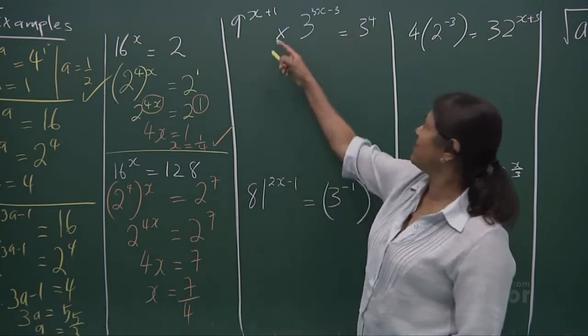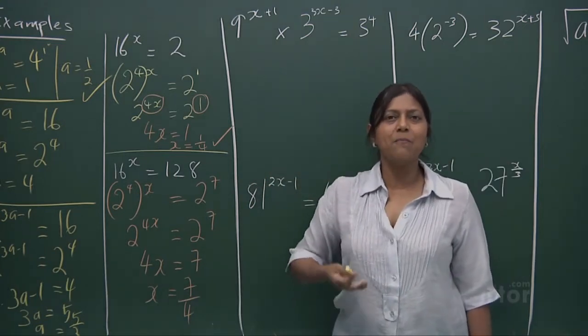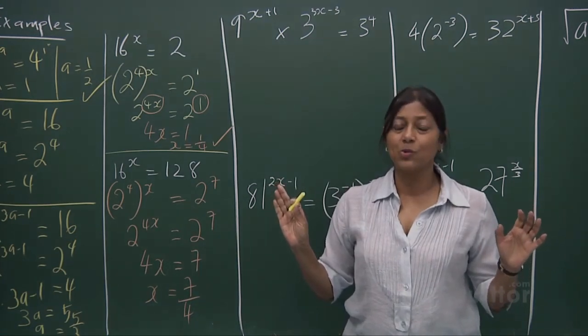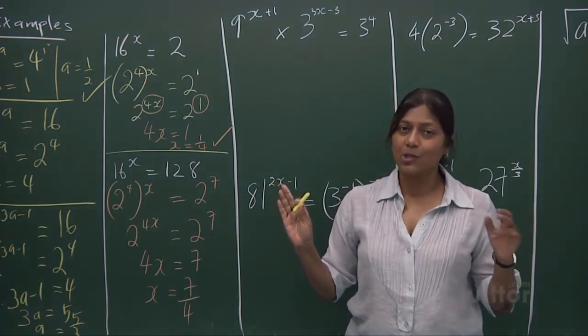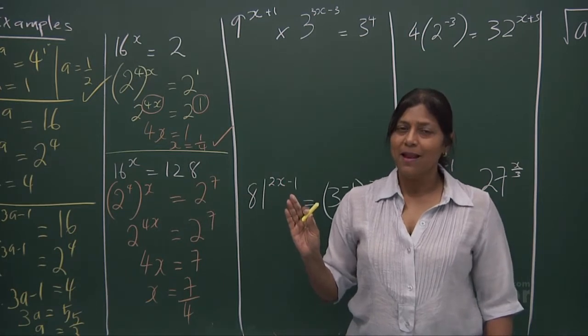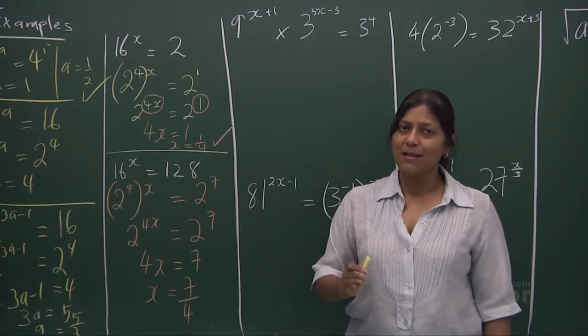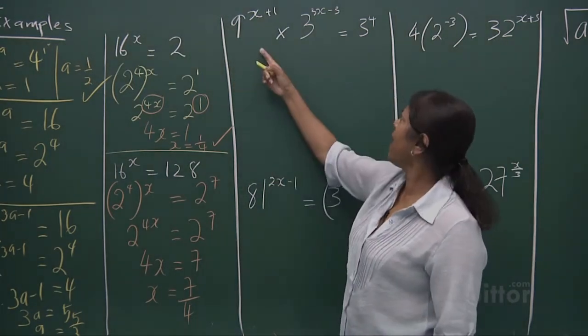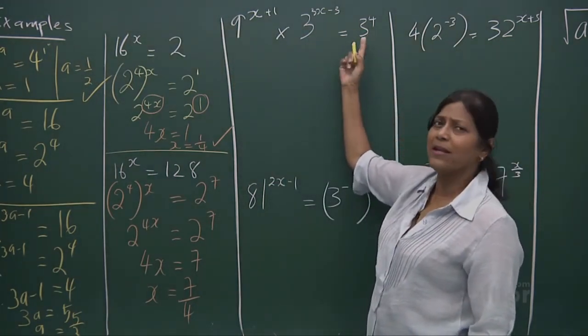Let's look at this. Breathe in, breathe out. Do not panic. In maths, you've got to remain cool as a cucumber. Let the laws of indices guide you through in solving this sum. Look at 9, look at 3, look at 3 again.